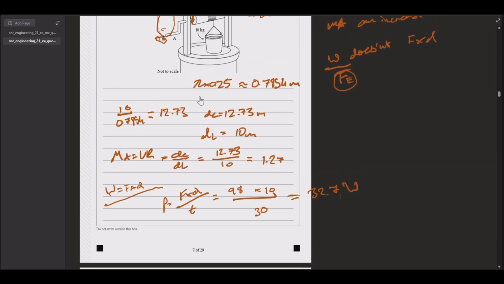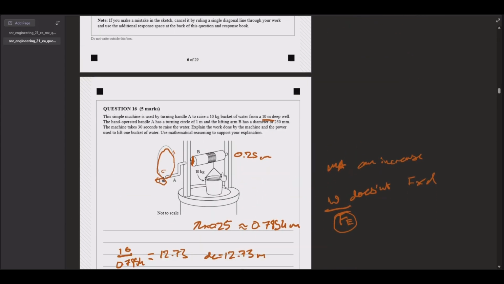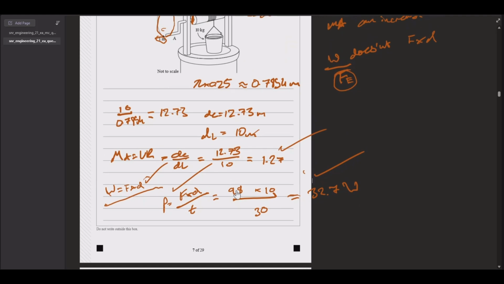And the marks there is formula for work, formula for power, correct value of MA, and determination of work done and power used. I completely forgot that I had to actually figure out the work. Although I did actually, in the end. I could have just written 980 divided by 30 and they would have accepted that.